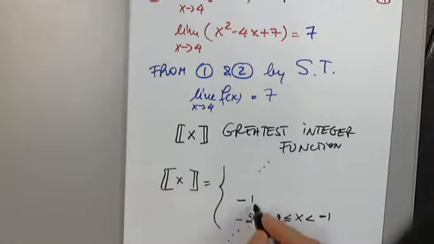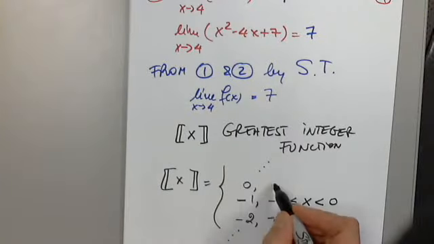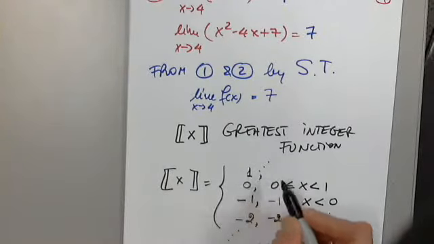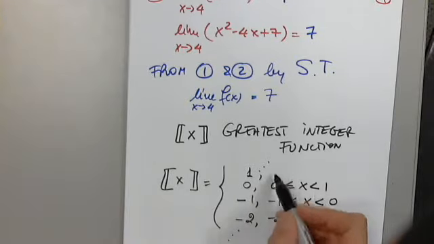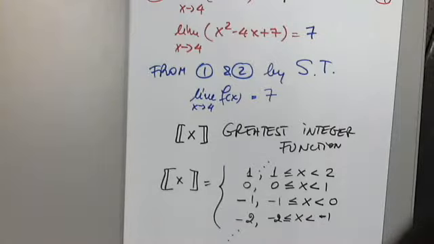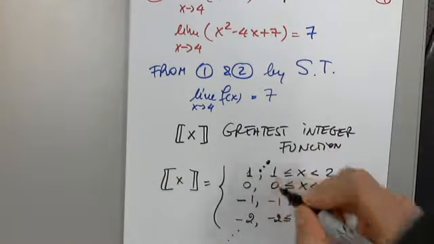The function is -1 if -1 less than or equal to x less than 0. The function is 0 for any value between 0 and 1. And I'm going to write one more: 1 for any value between 1 and 2. And this means that it can go forever.